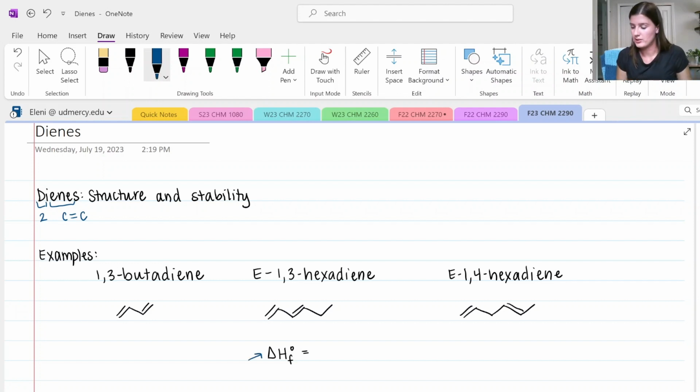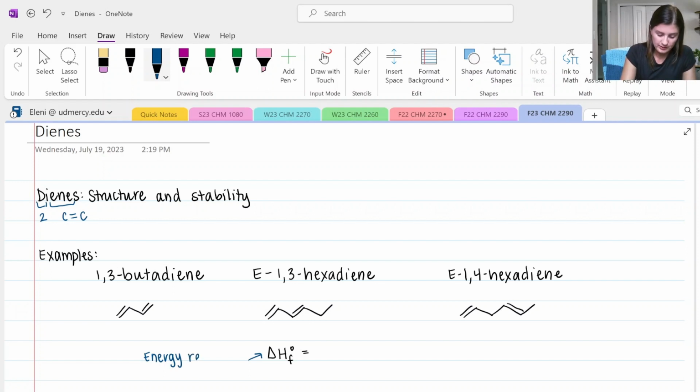Delta heat of formation is the energy released or absorbed. I'll write out the word energy here so we don't confuse it with E double bonds.